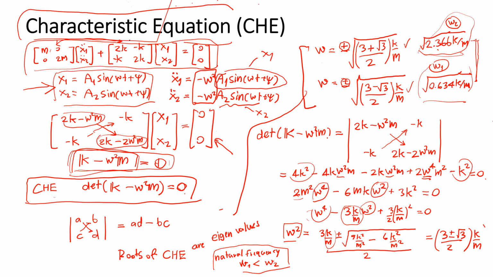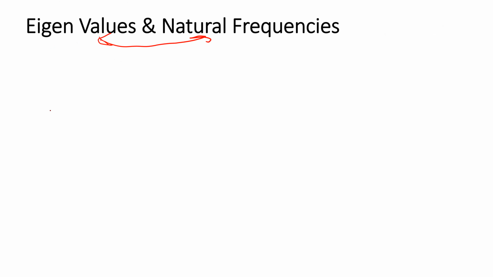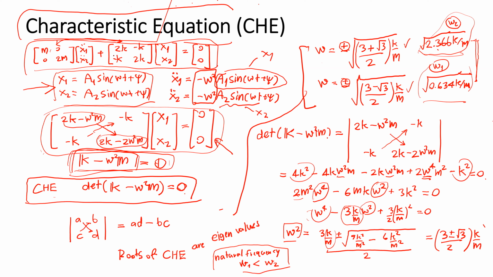If we go back to this equation, I will rewrite this equation again. The equation is the matrix k subtract omega square of the inertia matrix equal to 0. So the matrix of the k is this one.